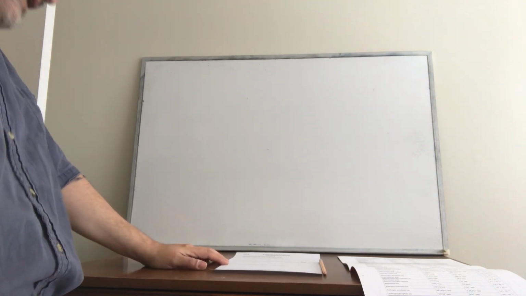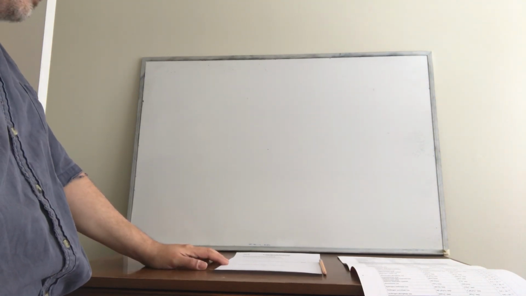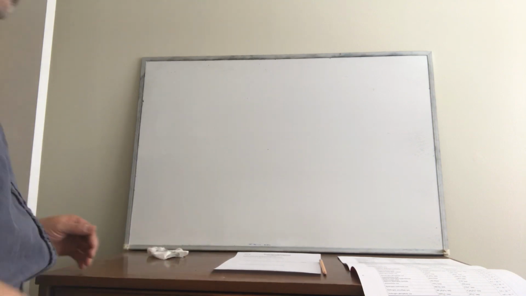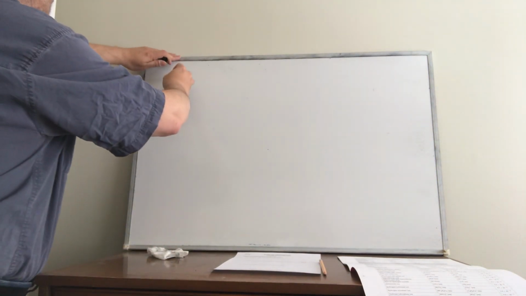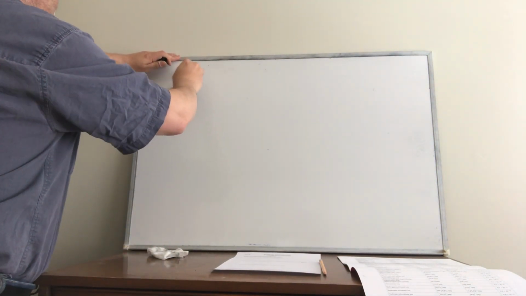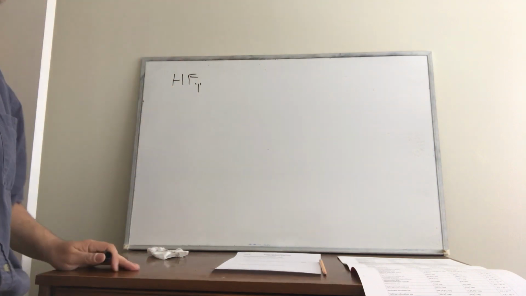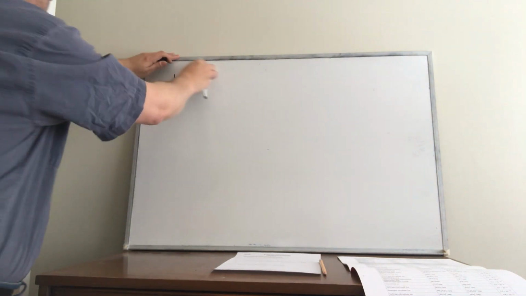Hydrofluoric acid is added to a solution of potassium acetate. Well, hydrofluoric acid, I look on my chart, it's one of my weak acids, so it does not ionize when it goes into solution. So it stays as HF, aqueous.